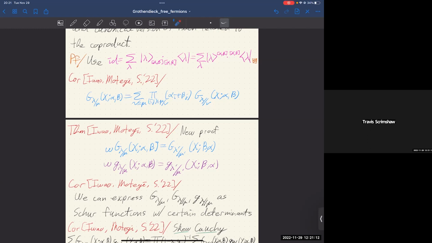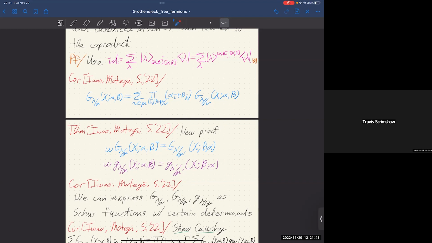Lascoux has this generalization of Jacobi-Trudi, where basically you're using arbitrary alphabets at every point in the Jacobi-Trudi formula, and if you choose this appropriately, you can recover the dual canonical Grothendiecks.